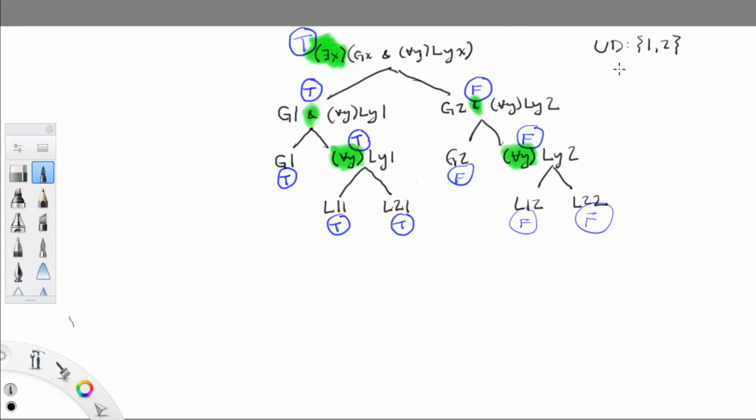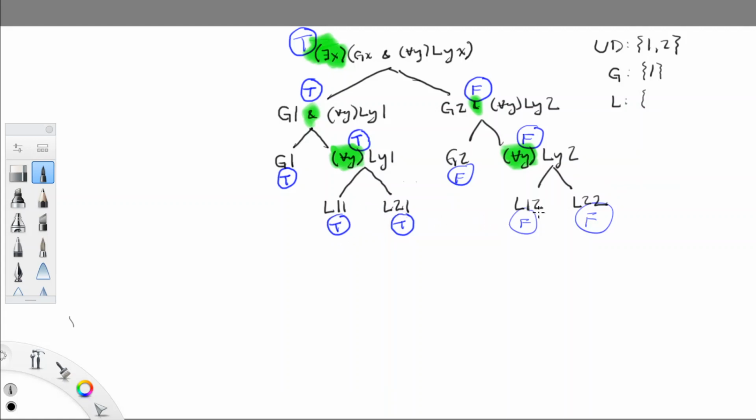What we need to do then is come over here and fill out the extensions of our two predicate letters. If we look under the G's, we see G1 is true, but G2 is false. What that means is that 1 is in the extension of G, but 2 isn't. And if we look under the L's, we see that L11 is true and L21 is true.